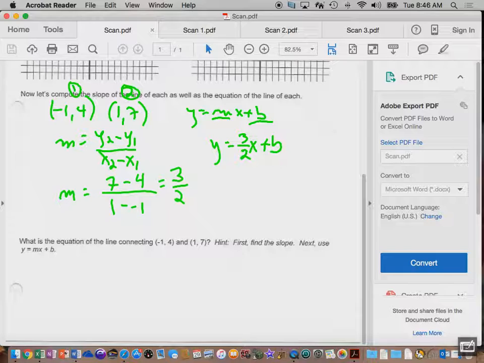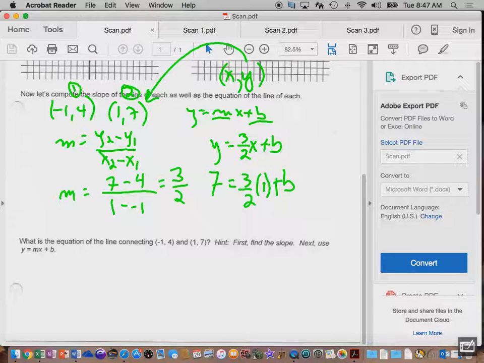When we write the coordinates of a point, this is always what and what? X and y. So in other words, (x, y). So I can plug the 7 in for y, and the 3/2 in for x, and then solve for b. Okay? So that's the slick part of this.